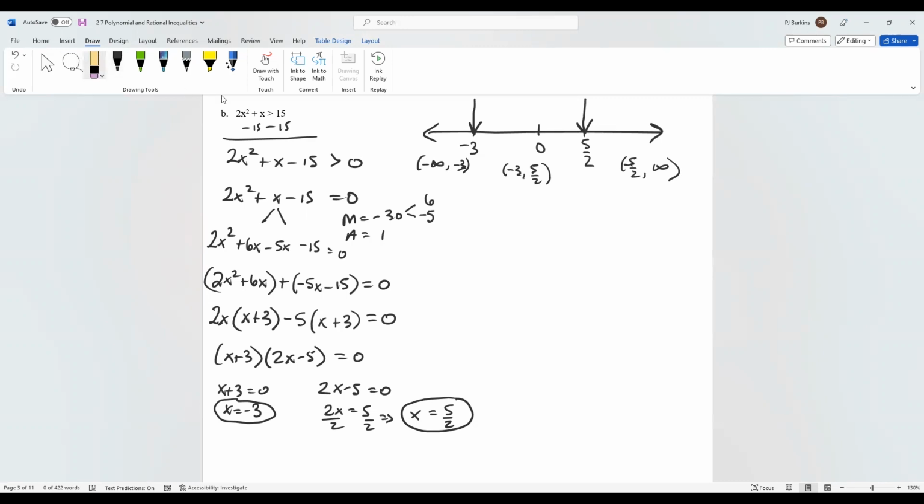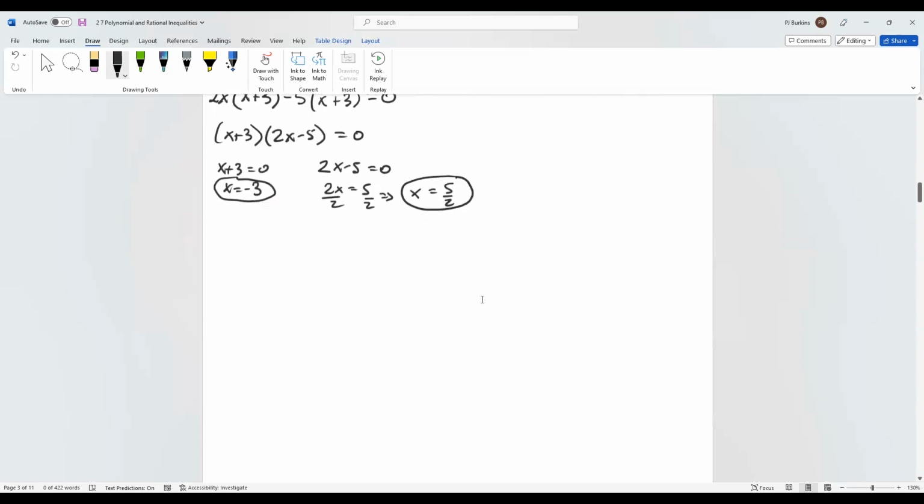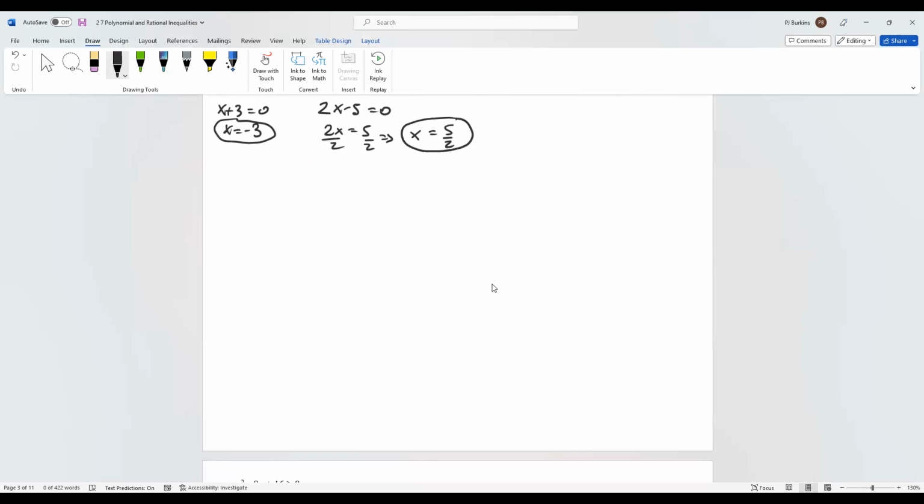So now we need to pick our test points. Again, pick the easiest numbers you can think of. I'm going to do -4, 0, and 5/2, that's 2.5, so I'll pick 3 on this end. Then we want to set up our chart. So I'm going to go ahead and scroll down here so we have some more room.